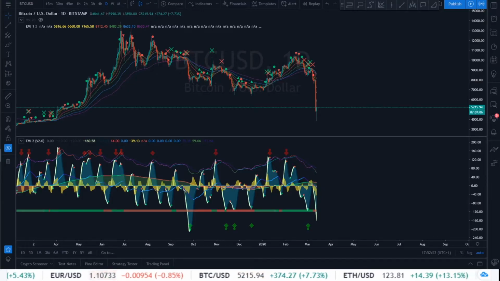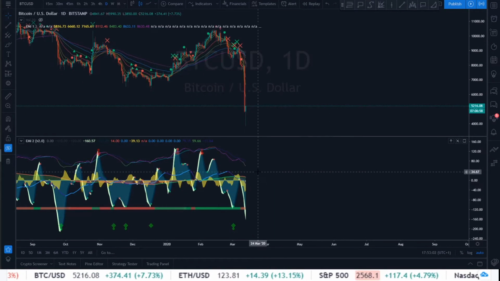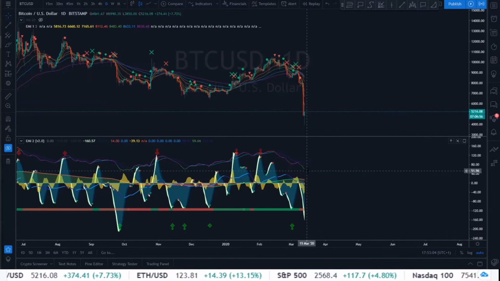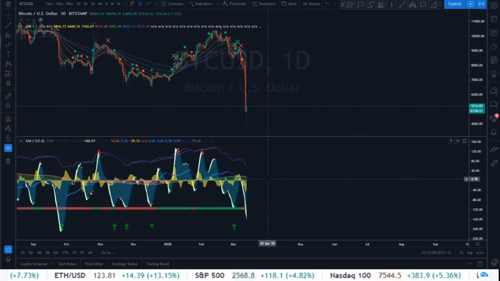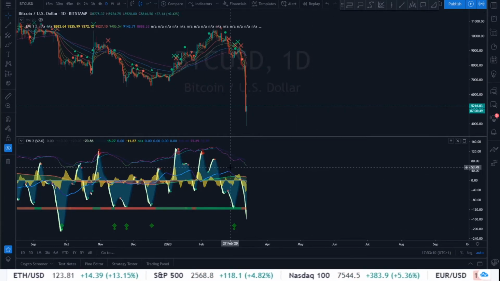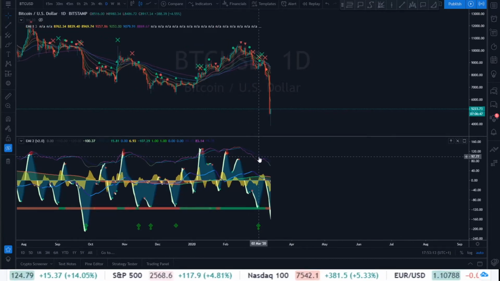So today we're gonna talk about my indicators, EMI 1 and 2, and today I'm gonna explain how this works. It's not that complex since I've already been explaining in the previous videos how the indicators work, at least the stochastic RSI and the MACD.